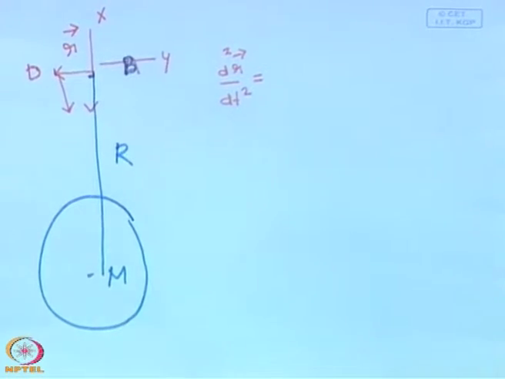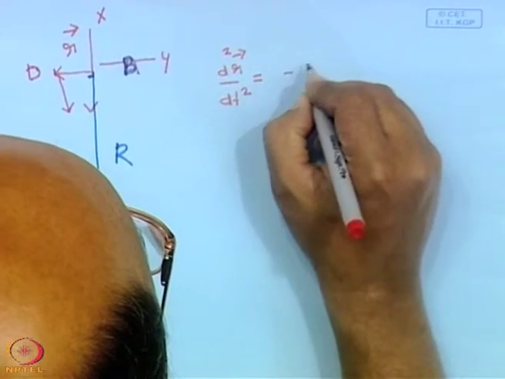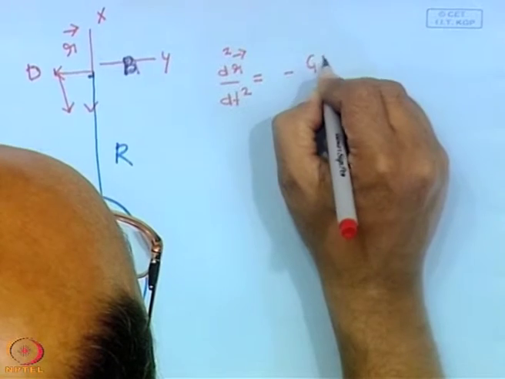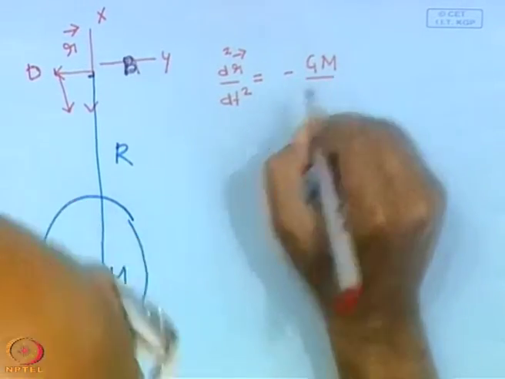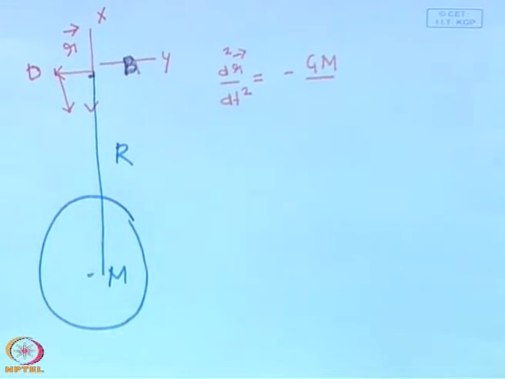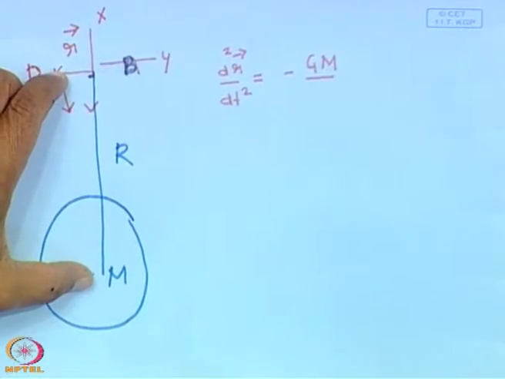The magnitude is going to be minus g m by r square. R square is this distance.